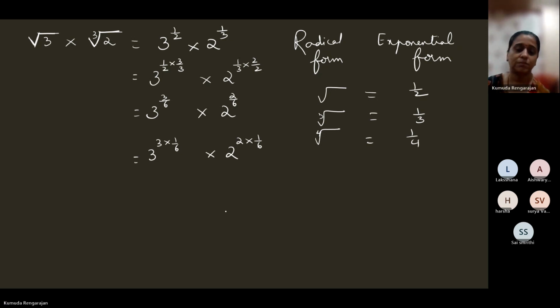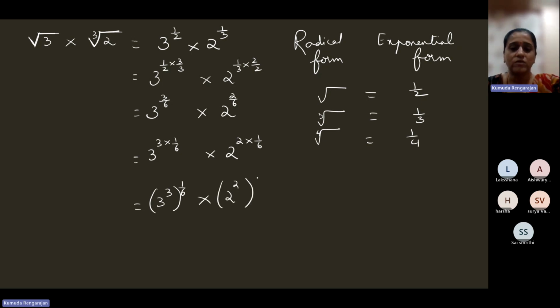That's the next step. Now, this is nothing but 3 cubed the whole power 1 by 6 into 2 squared the whole power 1 by 6.